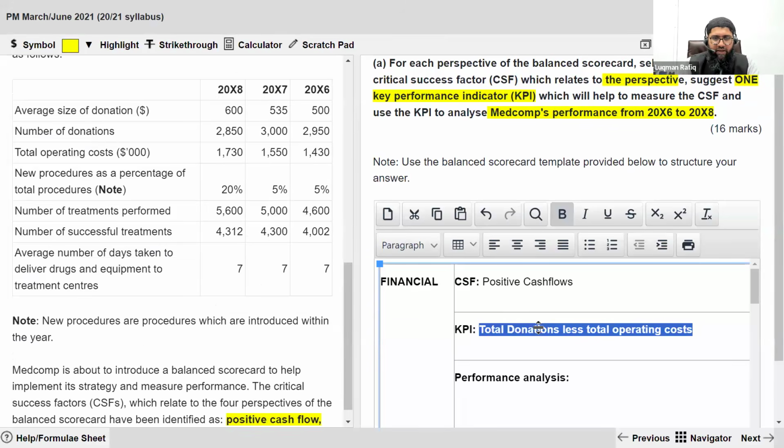Or you could simply say net profit, which is calculated as total donations less total operating cost.